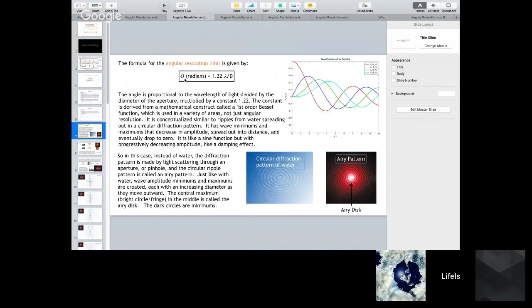That formula is theta in radians, so you have to convert radians to degrees, equal to 1.22 times the wavelength divided by the diameter of the aperture. I go through where the 1.22 came from. I was like, man, where's that 1.22 from? It's a lot of math, but it's something called a first order Bessel function.